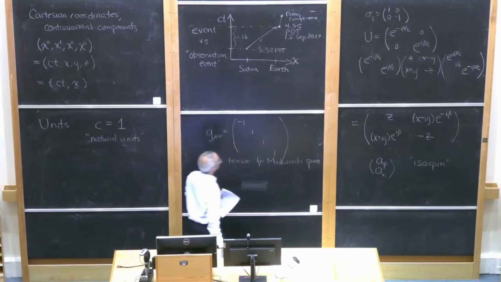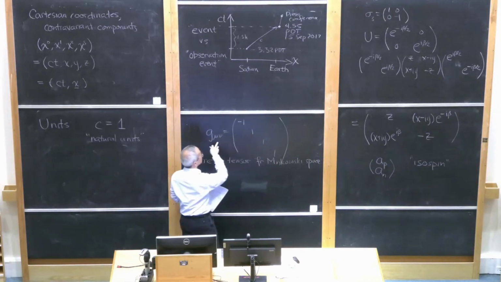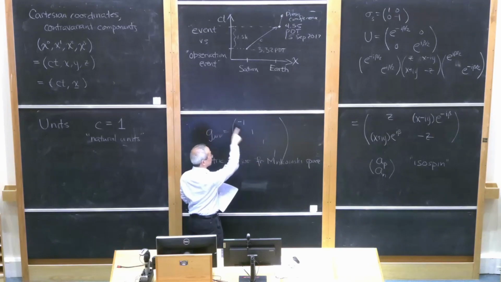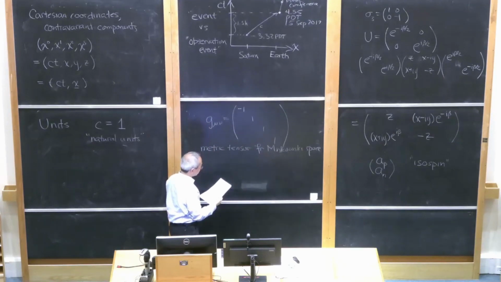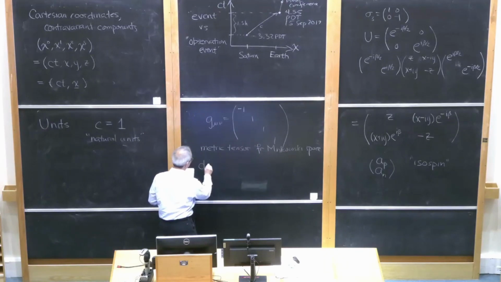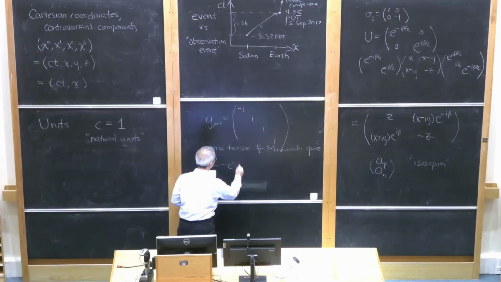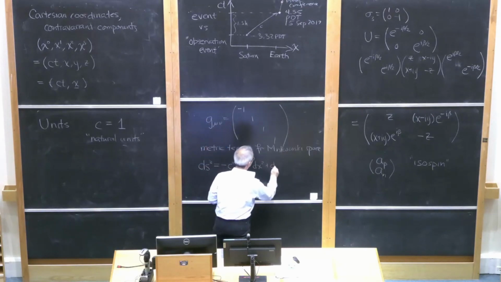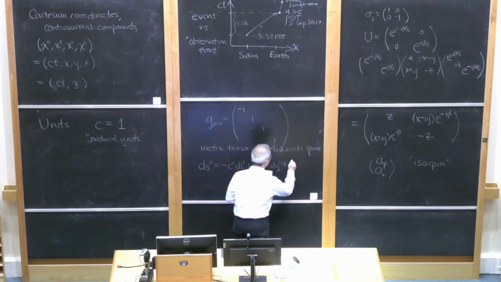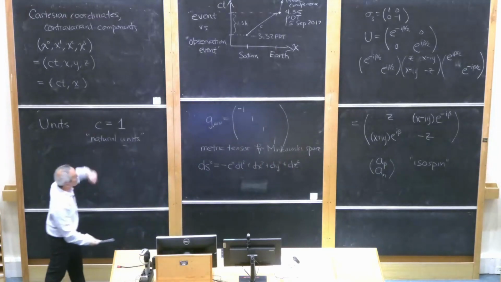It's clearly non-Euclidean. There is no transformation which is going to get you from this to one that's purely ones. And therefore, the length element looks like this. Okay, translating to the same coordinates that I was using back there.